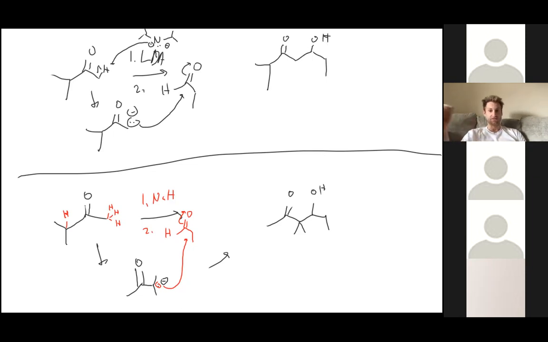And this lets us get a different product where we attack from the other end. So kind of large base and small base rules still apply just like they normally would. Large base will pull off your less substituted versus your small base will pull off your more substituted, and those two will give you different products.